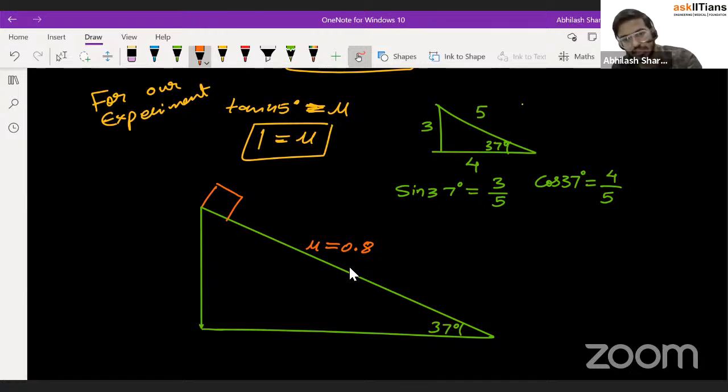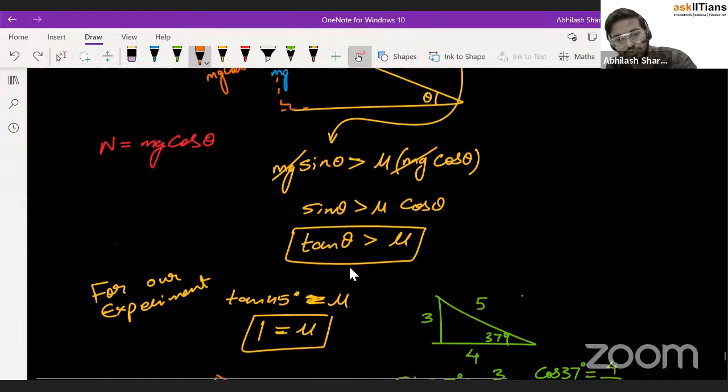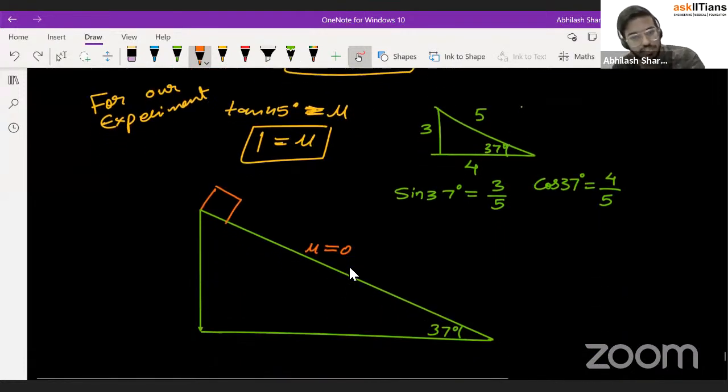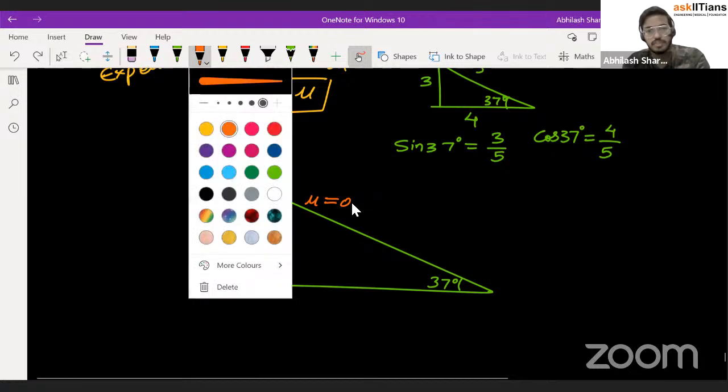Oh wait, no, it should not be 0.8. I'm sorry. Otherwise, the block won't even move. For the block to move, mu should be lesser than that. So lesser than that, around 0.5. 0.5 will be the easiest to take.